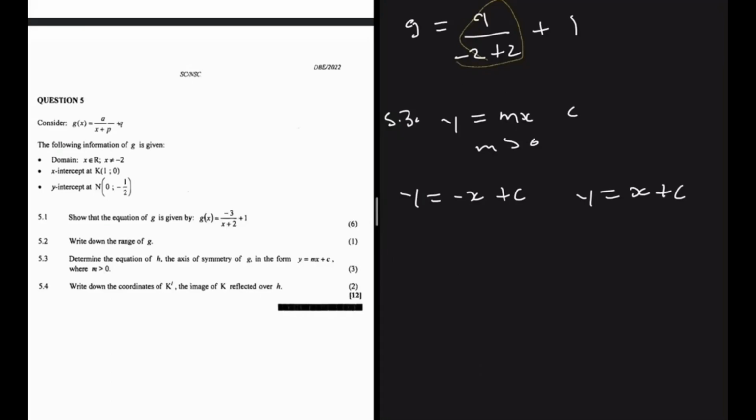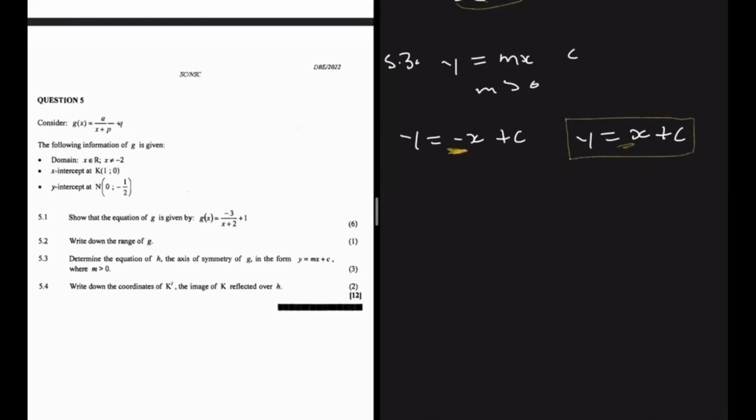Here m is definitely minus 1, the gradient, but here it's 1, and 1 is greater than 0. So this is the axis of symmetry we're interested in. The only thing we really need to determine is the value of c. Now the question becomes, which coordinate do we substitute to determine the value of c?